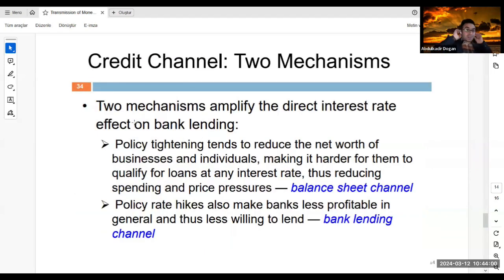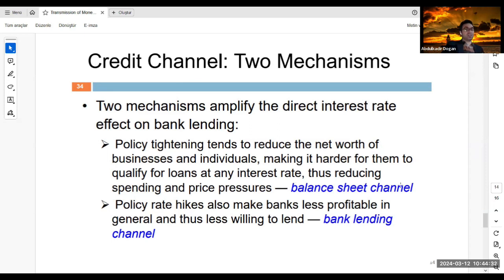And the credit channel, you should keep in mind this credit channel in this version. Two mechanisms amplify the direct interest rate effect on bank lending. Policy tightening, meaning that interest rate is increasing and money supply is decreasing. Policy tightening tends to reduce the net worth of businesses and individuals, making it harder for them to qualify for loans at an interest rate, thus reducing spending and price pressure.